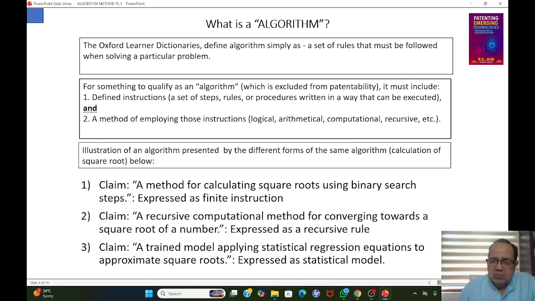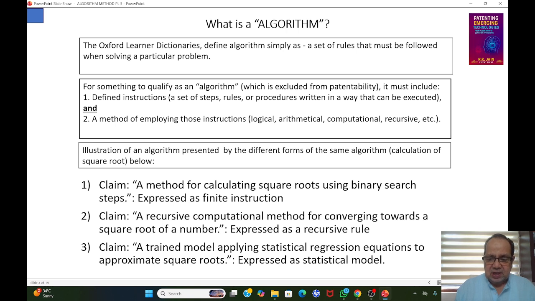As we will illustrate, a simple algorithm can be prescribed in many different ways. For example, the simple algorithm of calculation of square roots, if it is expressed as finite instructions, then the first claim, a method for calculating square roots using binary search steps, would suffice.